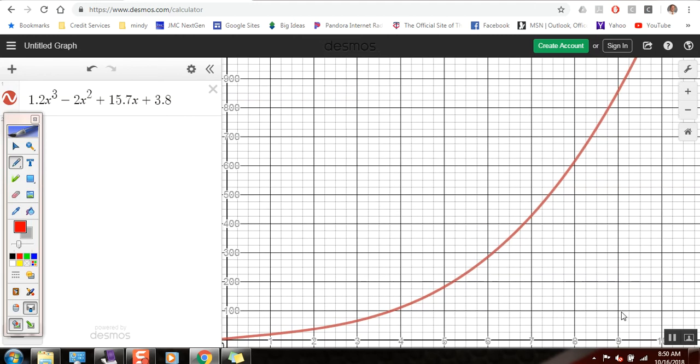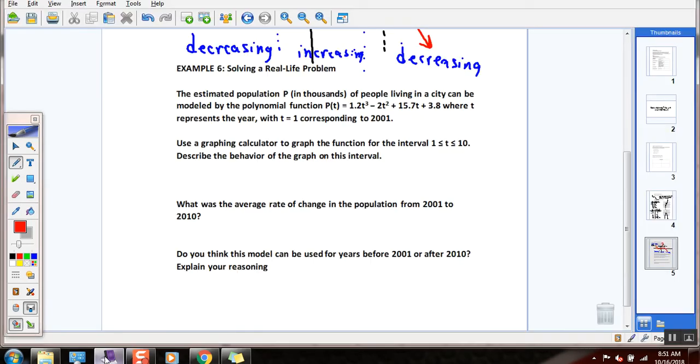But guys, from 1 up to 10 right here, looks like this graph, is this graph increasing or decreasing from 1 up to 10? It's increasing, isn't it? So what I want to do here in part A, they ask the question, it says, describe the behavior of the graph on this interval. It looks like it is either increasing or decreasing. What would you say?